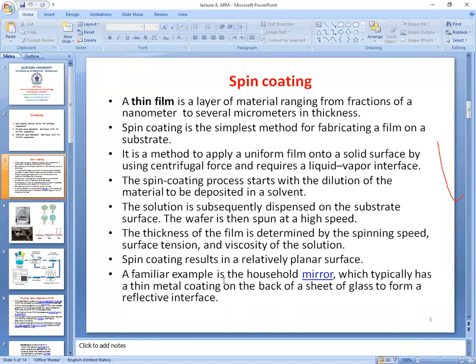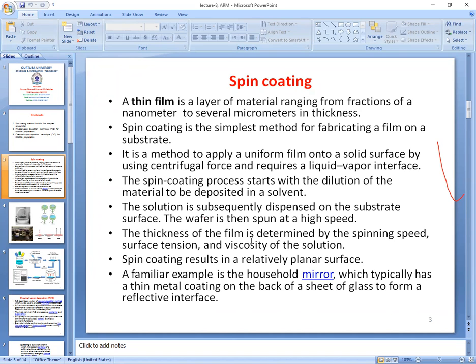A familiar example is the household mirror, which typically has a thin metal coating on the back of the sheet of glass to form a reflective interface. So this is spin coating.